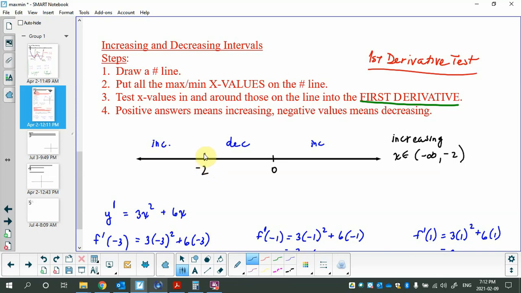At -2, there is no increase or decrease. That's your maximum or minimum. Then we have 0 to +infinity, which is out here.